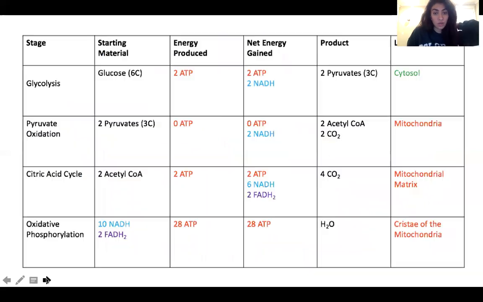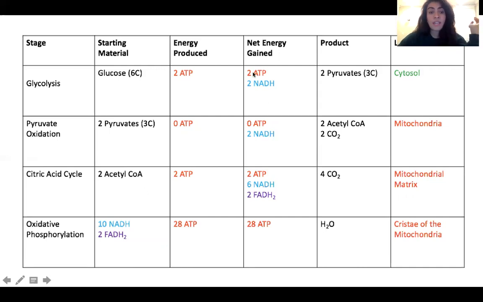So if we go back to our chart, we took the 10 NADH and the 2 FADH2s. Again, if you add up all the blues and purples from the other steps, you would get that number. And we made 28 ATPs. And this is all occurring in the mitochondria.